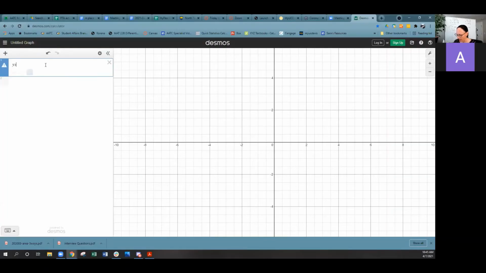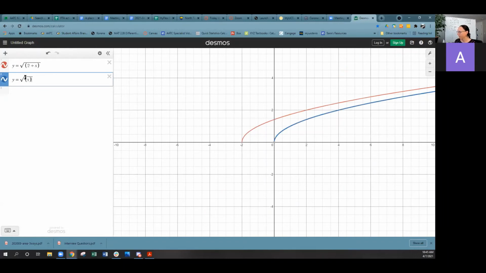I had y equals the square root of 2 plus x, and y equals just the square root of x. Someone showed me this trick the other day, and I'm going to try to make it work.